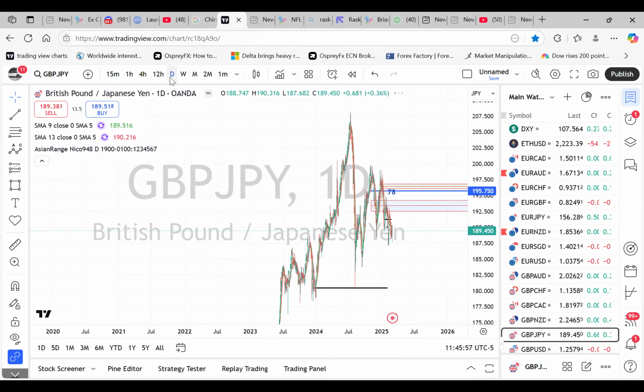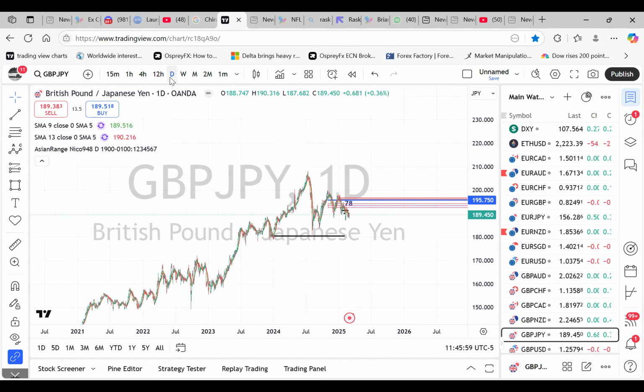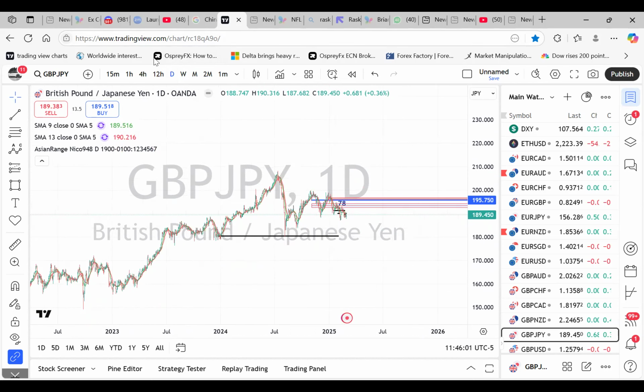Let's go up to the daily. Okay, so if you're looking at this daily, you got all these moves up, right? This at some point was a swing low because this push up made a new high. And you got the push up to make this the high. Then we came down and we wrecked these lows, right?